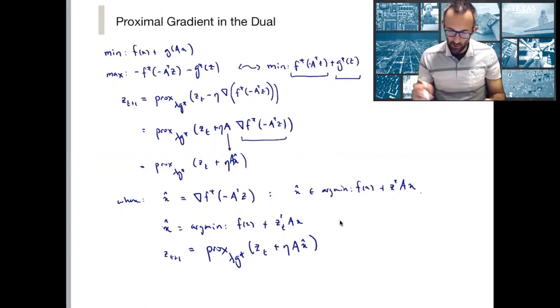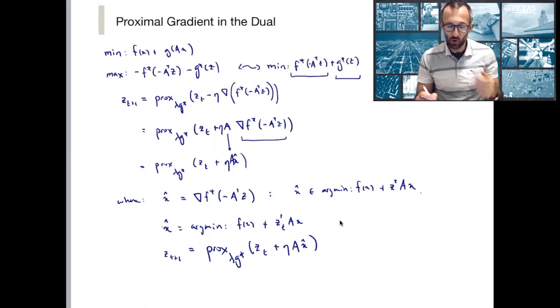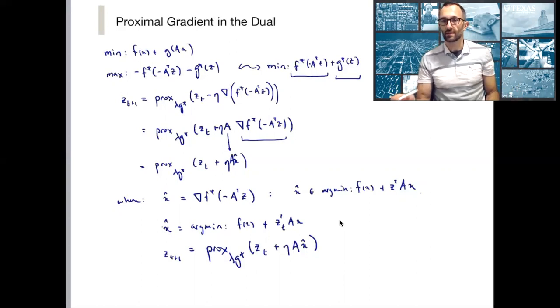On the other hand, x hat is familiar. We get x hat by minimizing this Lagrangian, but prox maybe looks a little daunting because we now need to compute the prox operator not of g, but of g star. That may be fine if g star has an easy prox operator.